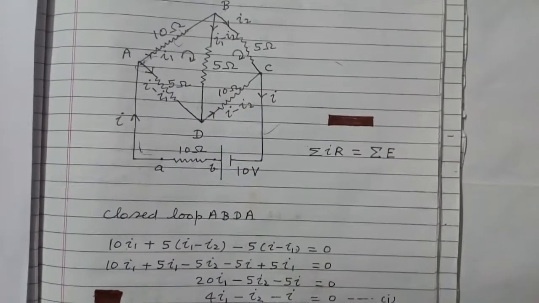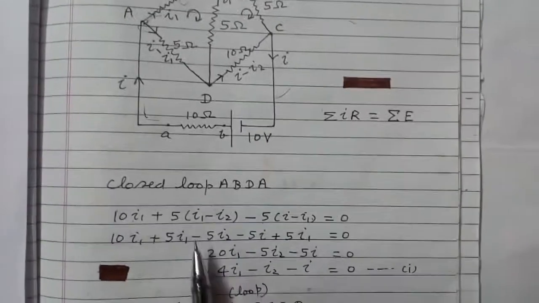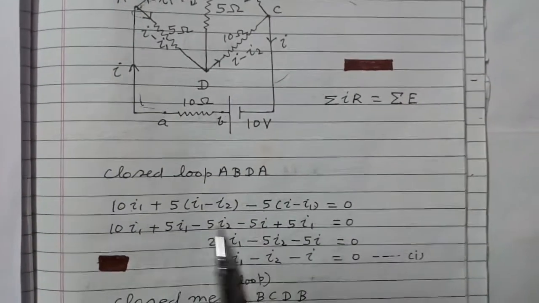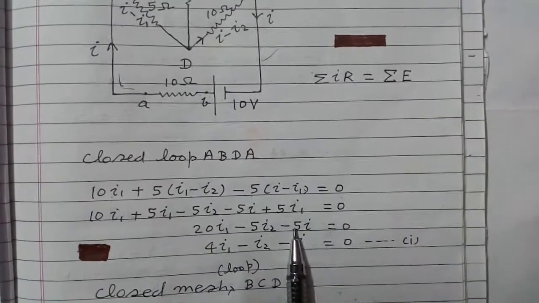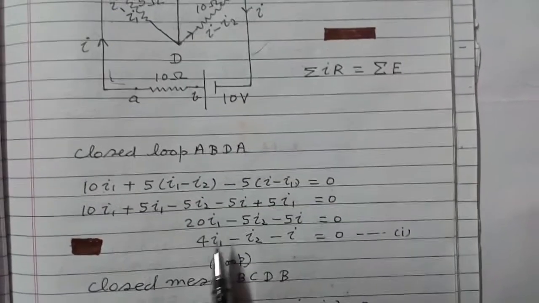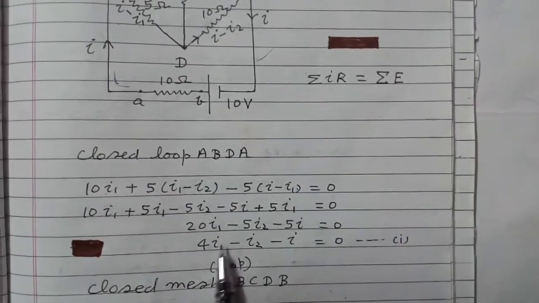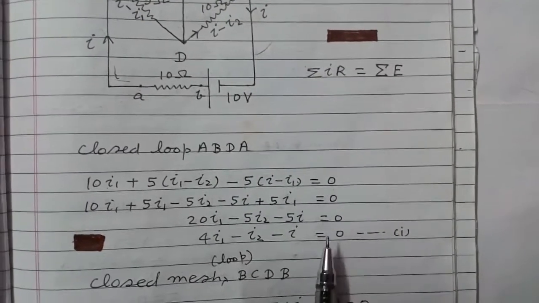So summation is equal to 0. Open the bracket and solve it. We get 20 I1 minus 5 I2 minus 5 I is equal to 0. Divided by 5, so 4 I1 minus I2 minus I is equal to 0.